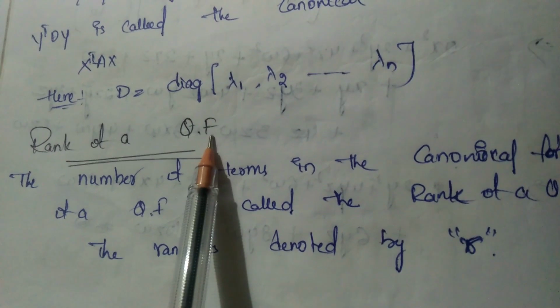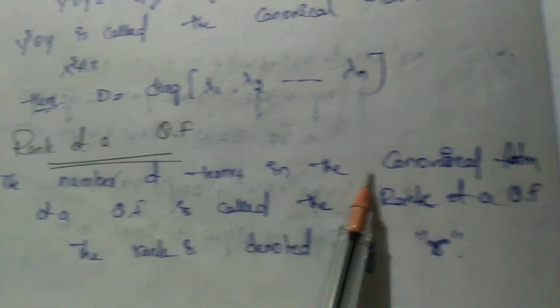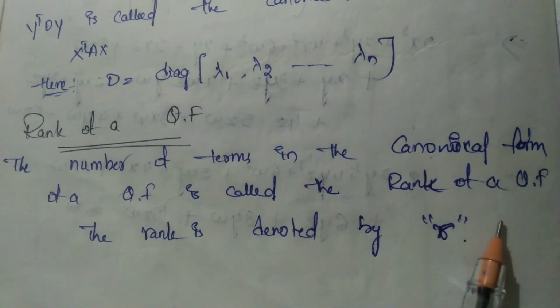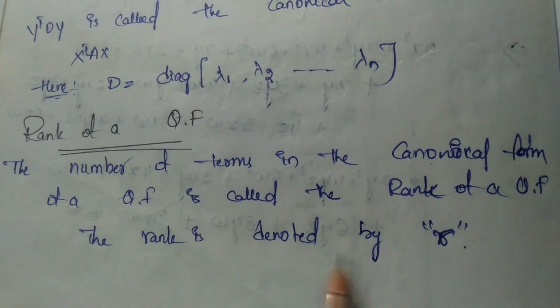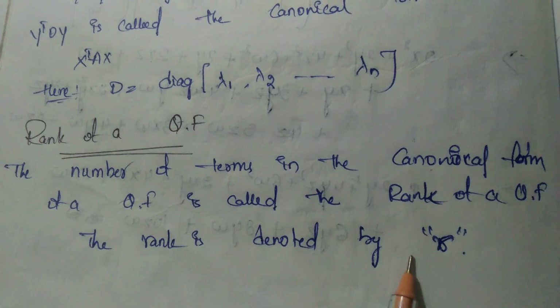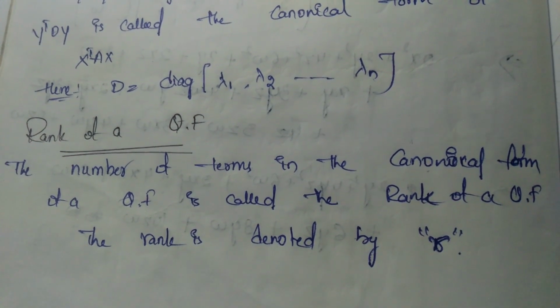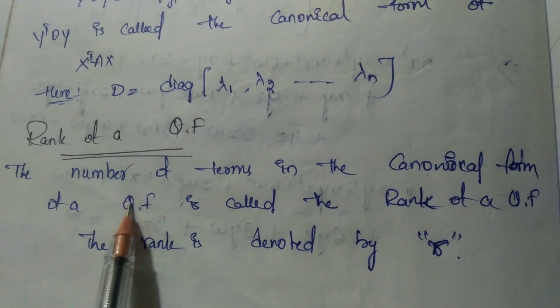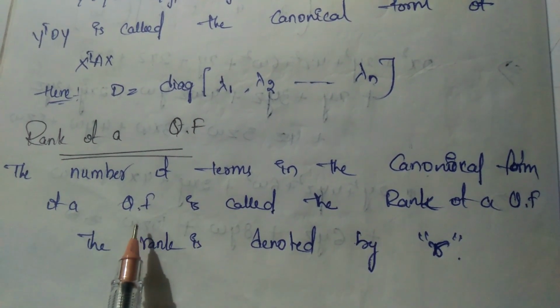Rank of a quadratic form: the number of terms in the canonical form of a quadratic form is called the rank of the quadratic form. The rank is denoted by r. Whatever canonical form we get, we will have a few terms in that. If there are 3 terms, then the rank of the quadratic form is going to be 3.